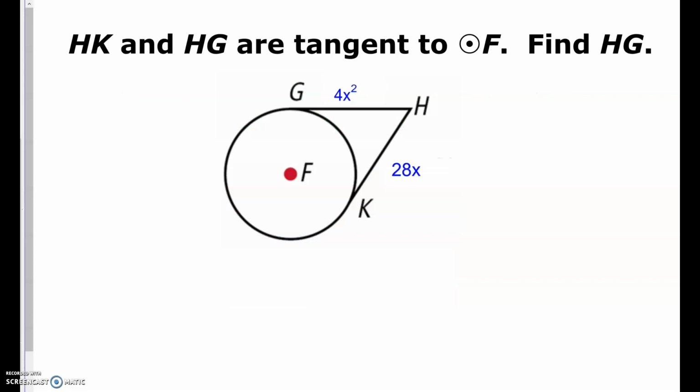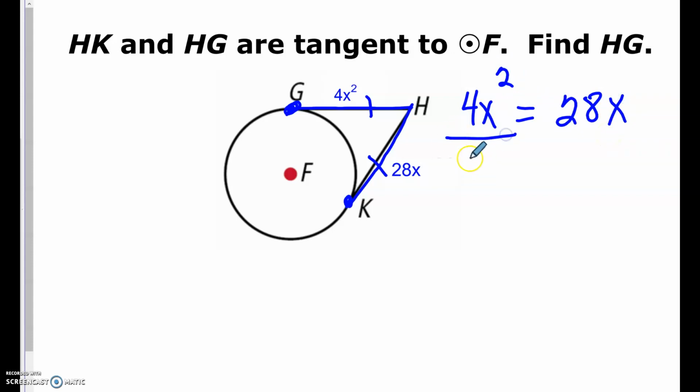So they're telling you from point H, HK is a tangent, so that's your point of tangency, and HG is also a point of tangency. So if they are both tangent, they're telling you that this segment must be congruent to that segment. So we can find out the length of HG by saying 4x squared must be equal to 28x.